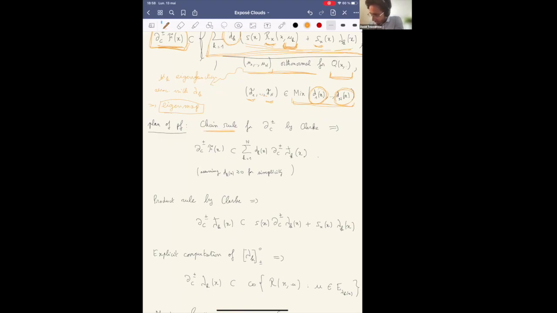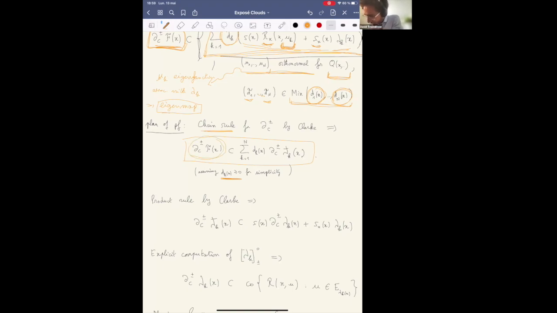I only wrote this chain rule under the assumption that the partial derivatives of f are non-negative, otherwise it becomes nasty. Somehow it reduces the study of this to the inclusion properties of the sub and super differentials of the single eigenvalues.